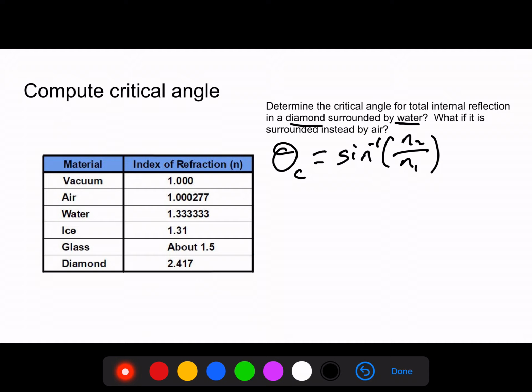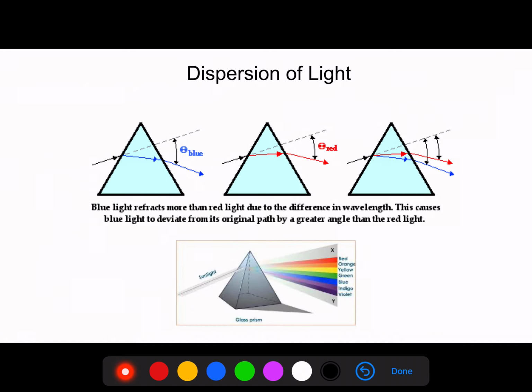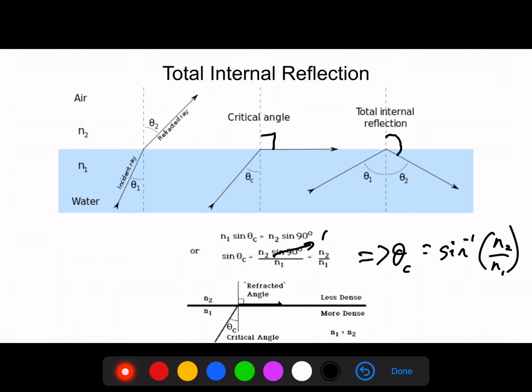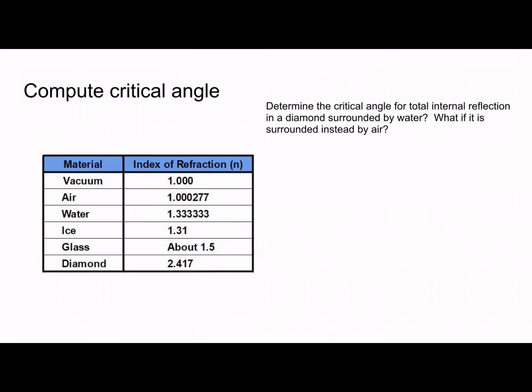Because I need for this condition that we're seeing here to hold. Okay, so we need that ratio. Sorry, this is disappearing on me.